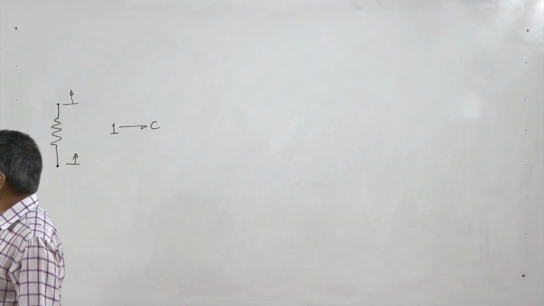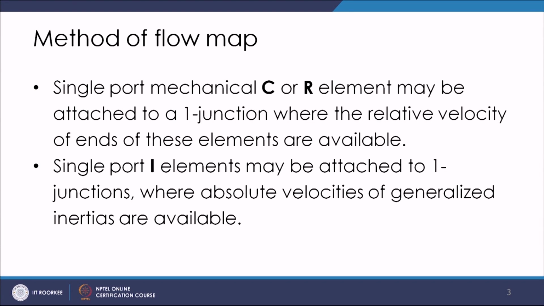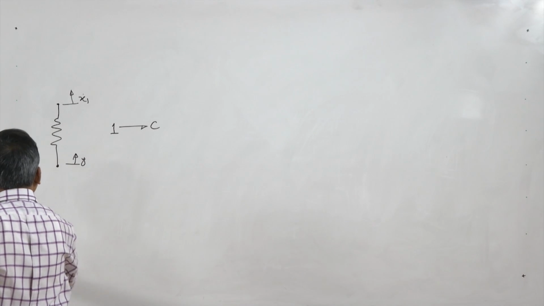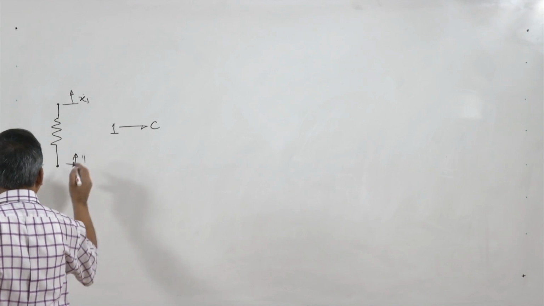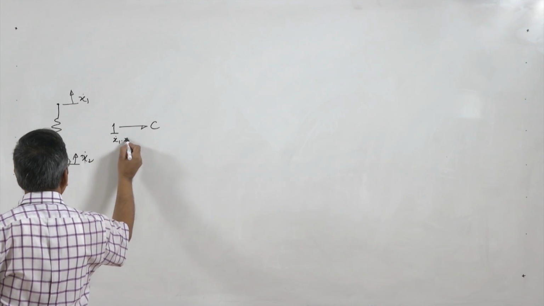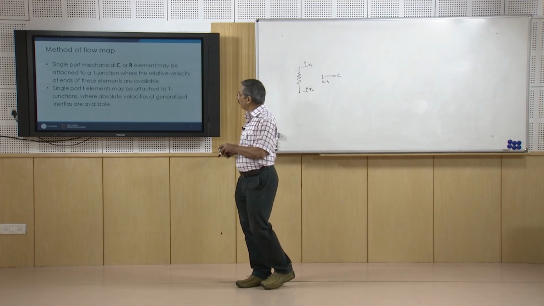Likewise, I can do it with the R element. So, if this is x1 dot and this is x2 dot, then here this will be x1 dot minus x2 dot. This is how we can do that.